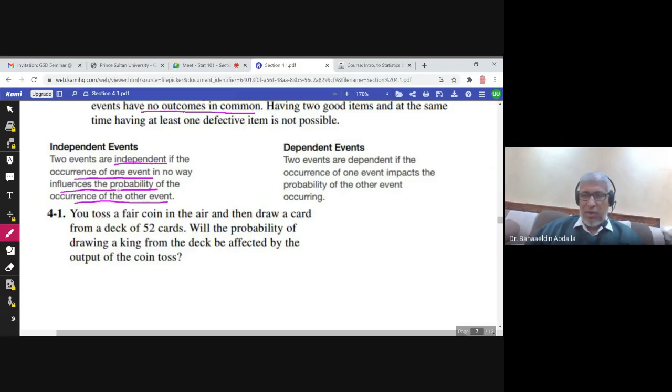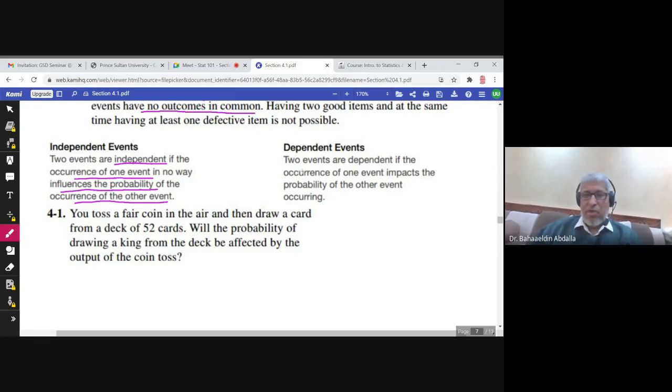But if you say to me, oh, in this case, the probability would be 0.4, so the probability changed from 0.7 to 0.4 because of the event that your friends are going to Dammam, then these two events are not independent. You need to understand the definition as it is.